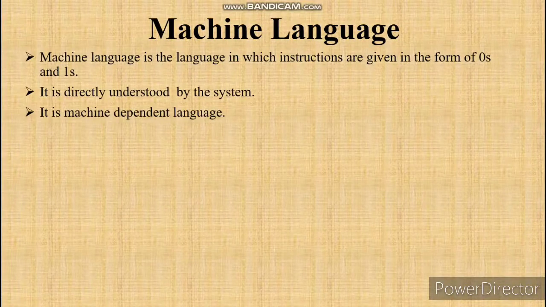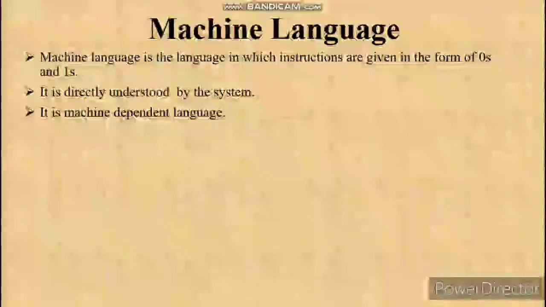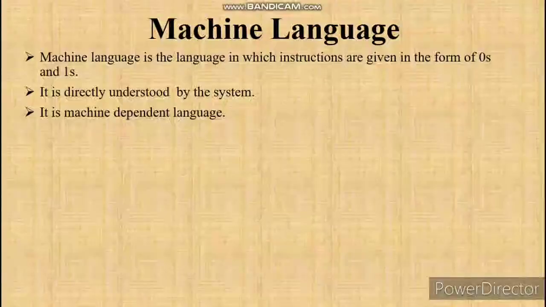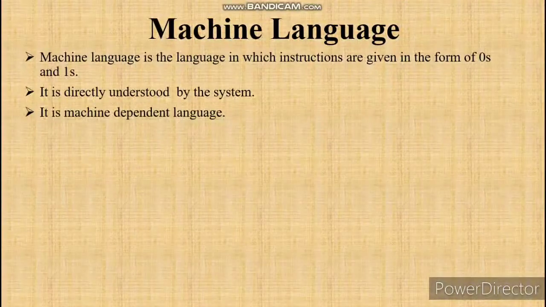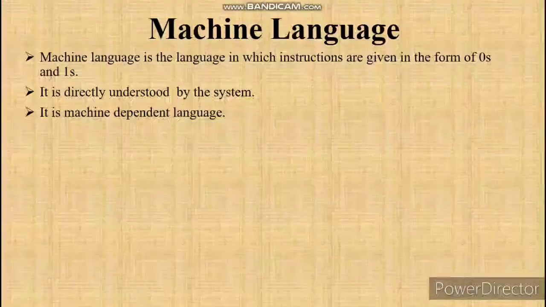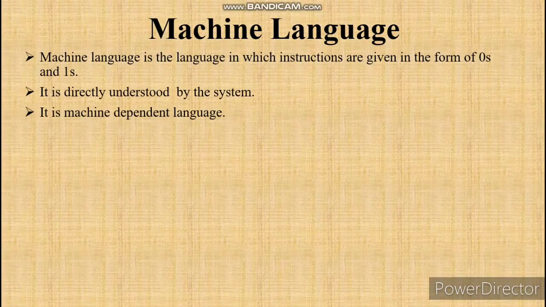Machine language is a machine dependent language. It means a program written for one computer may not work on another computer, right? A program which is written for one computer only runs on that computer. So I repeat once again: machine language is a language in which instructions are given in the form of 0 and 1.